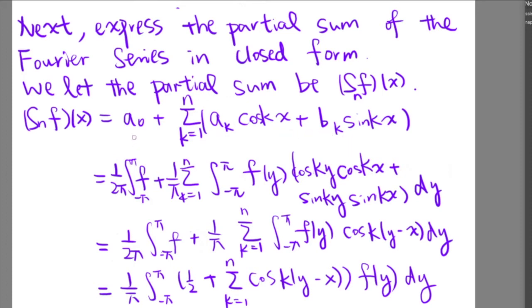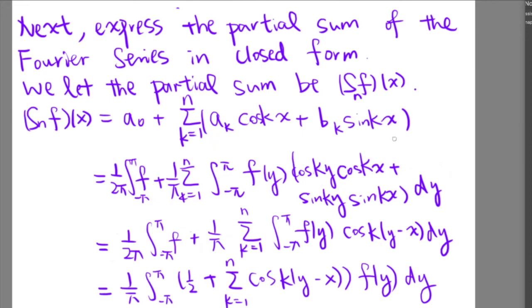Remember what a_0, a_k, b_k are. a_0 is equal to 1 over 2 pi times the integral from negative pi to pi of f, and a_k is equal to 1 over pi times the integral from negative pi to pi of f(y) cosine ky, and b_k is equal to 1 over pi times the integral from negative pi to pi of f(y) sine ky, and therefore the first line becomes the second line.